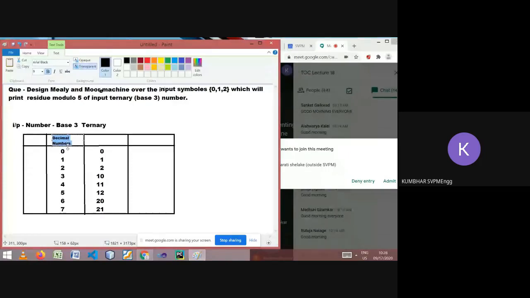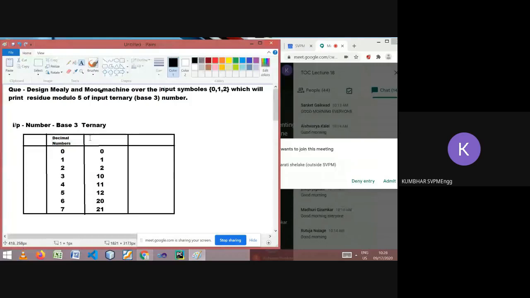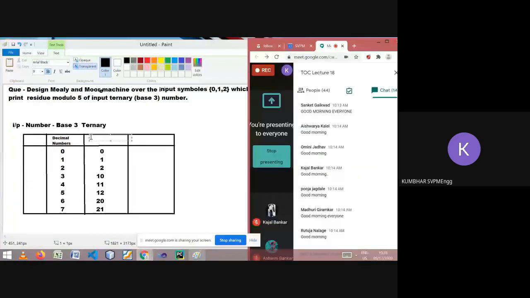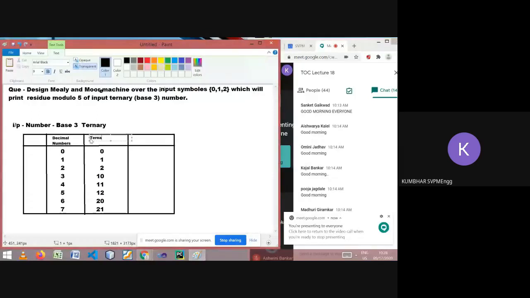Okay, this is the set of ternary numbers. So let me write that heading: ternary numbers.